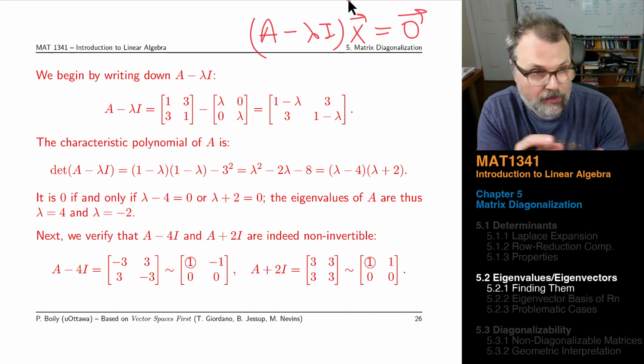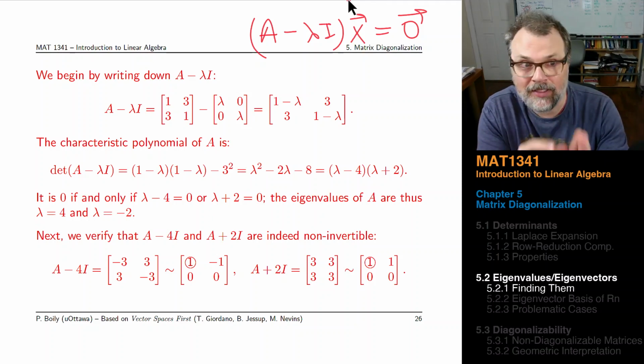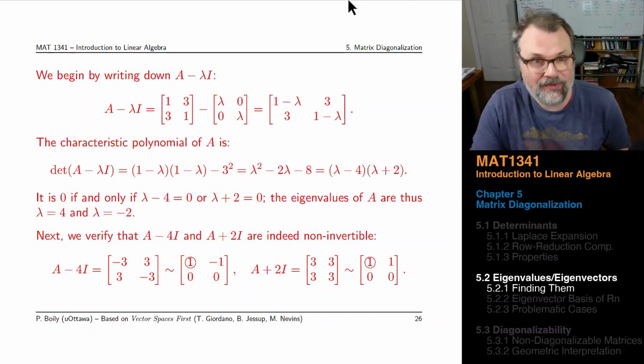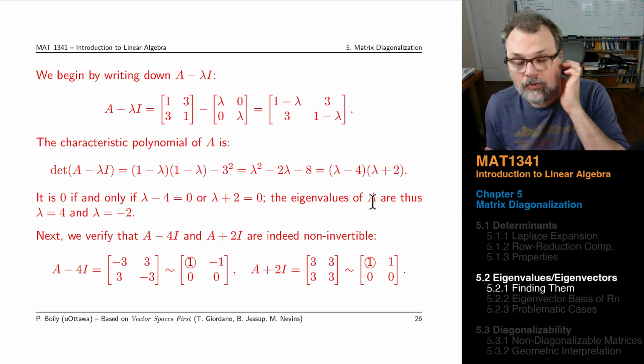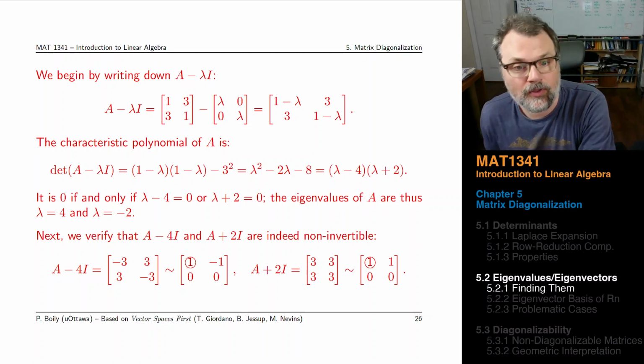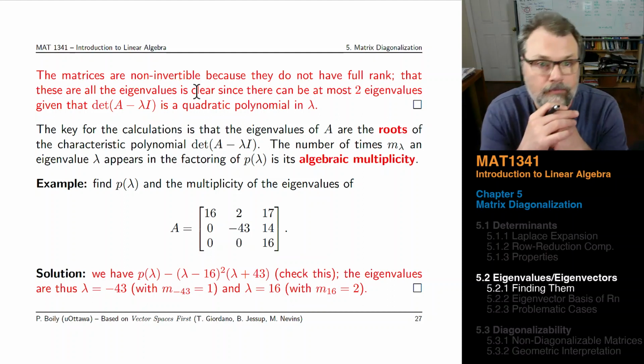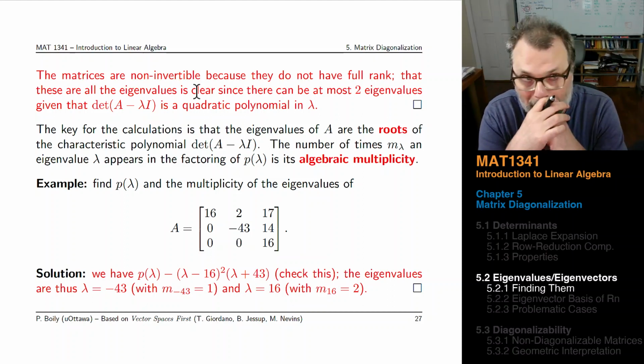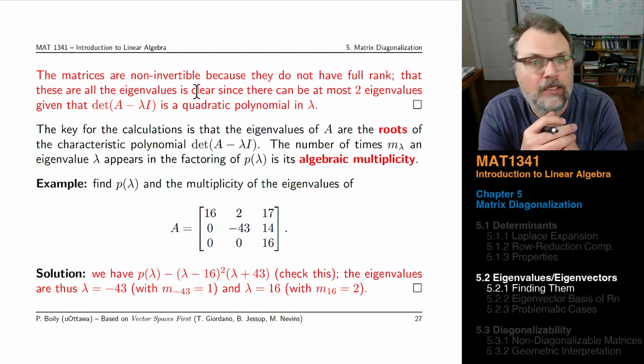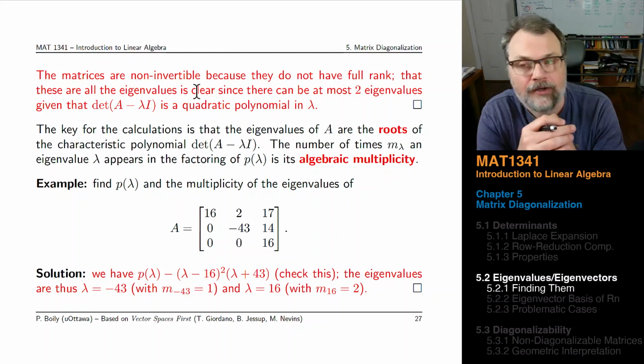There's two exceptions here: lambda equals 4, lambda equals minus 2. These are the ones we found by computing the roots of the characteristic polynomial. There cannot be any more because the characteristic polynomial is quadratic in lambda.